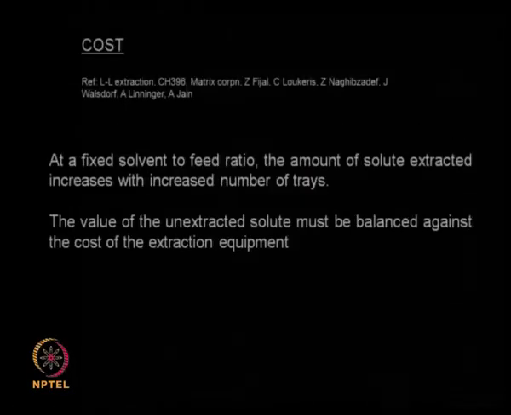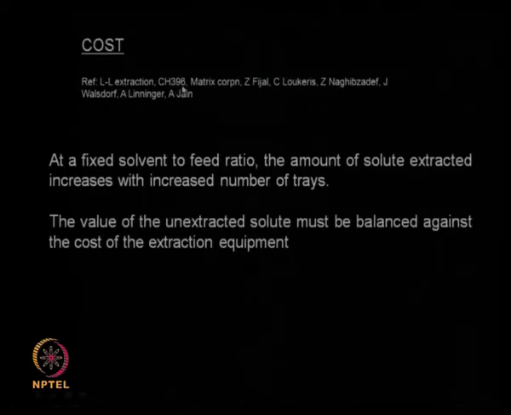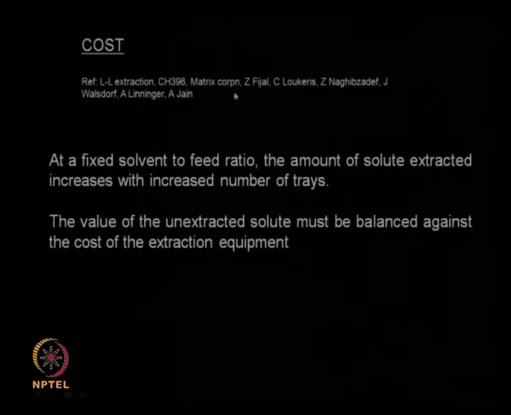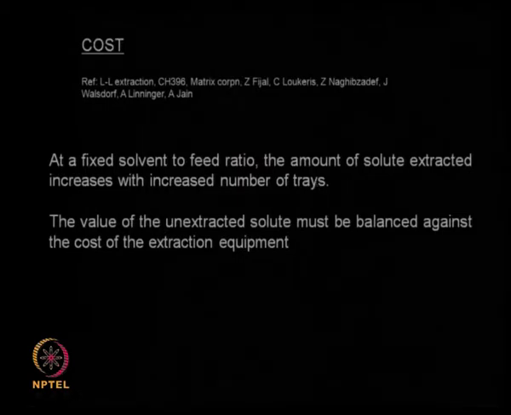Okay. The cost data was taken from a book called Liquid-Liquid Extraction and a large number of authors. At a fixed solvent to feed ratio, the amount of solute extracted increases with the increased number of trays. So, I am fixing the solvent to feed ratio and I want to keep on extracting.